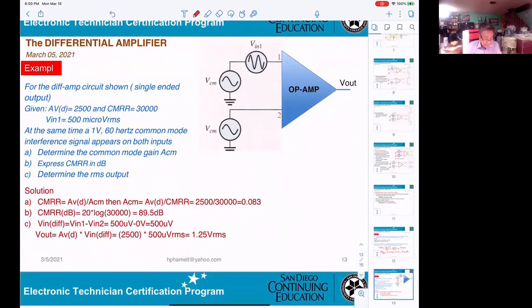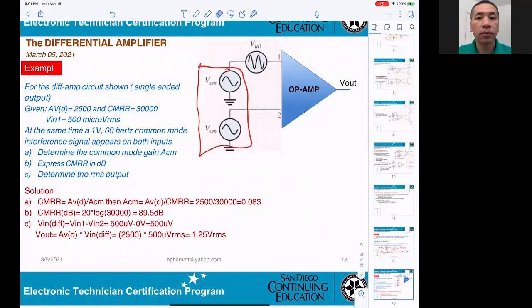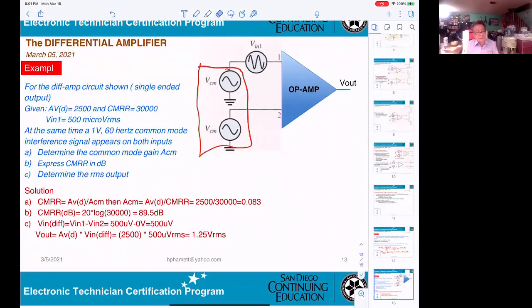Now, differential amplifier. For the differential amplifier circuit, they show you what? This is the noise right here. You get the V, that means VCM means common mode. Those signals will be identical. Okay? They connect into the input of the differential amplifier.